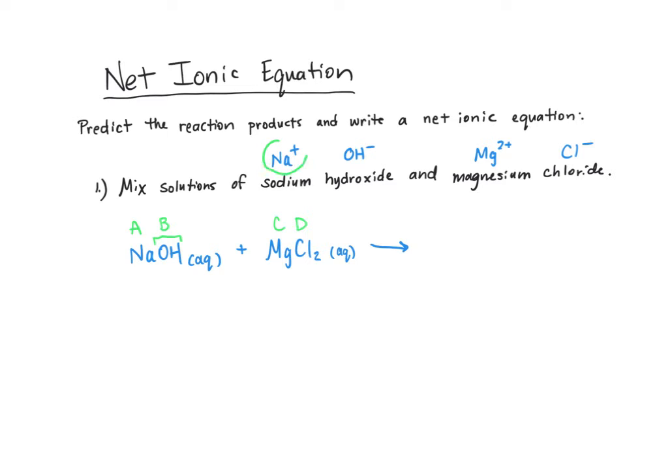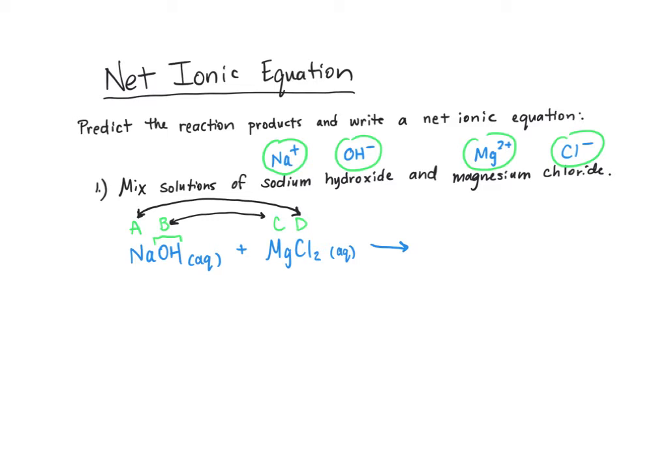In other words, sodium and chloride and magnesium and hydroxide will get together after sodium hydroxide and magnesium chloride swap partners. We're going to expect this exchange of ions. Cation A, anion D, cation C, anion B get together.